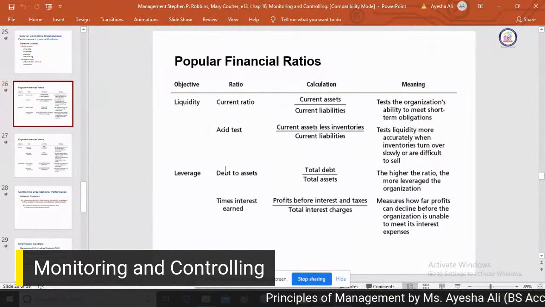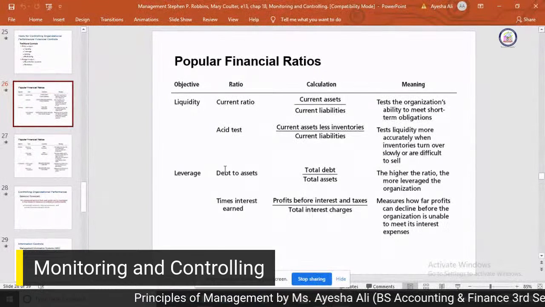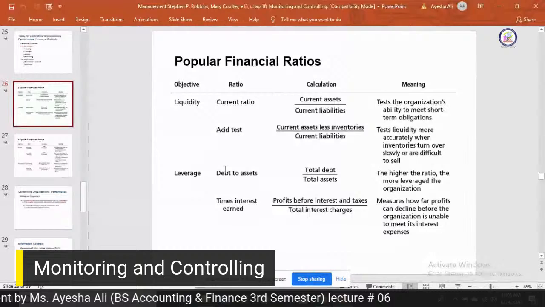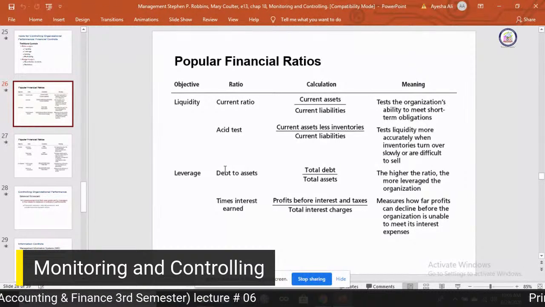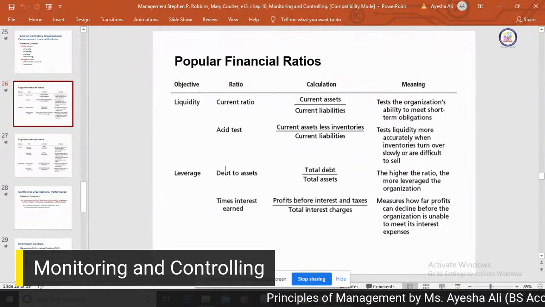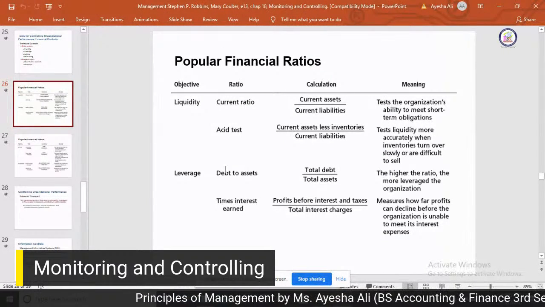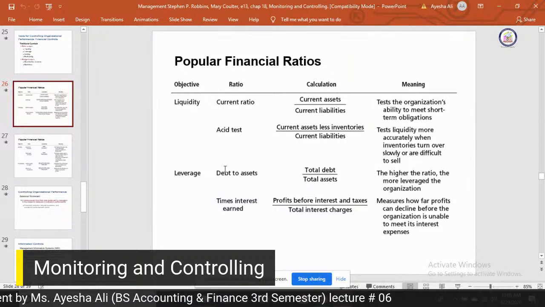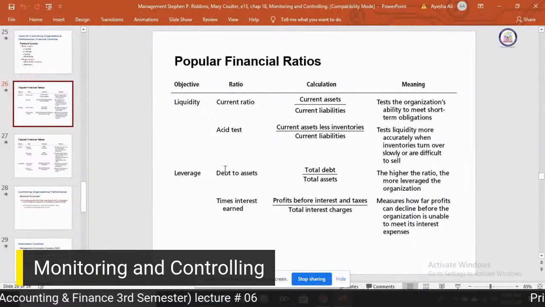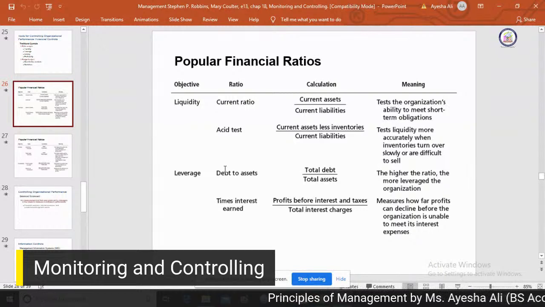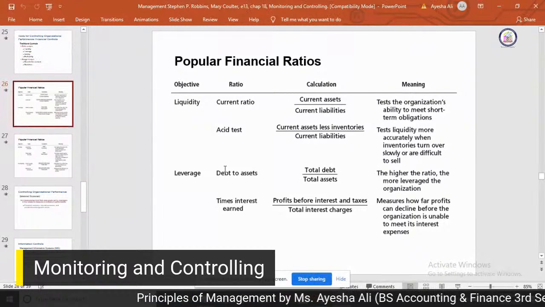The higher the ratio, the more leveraged the organization is. So if the ratio is high, it means it's more leveraged and able to meet its debts. If the ratio is low, it means the organization is not able to meet its debts.